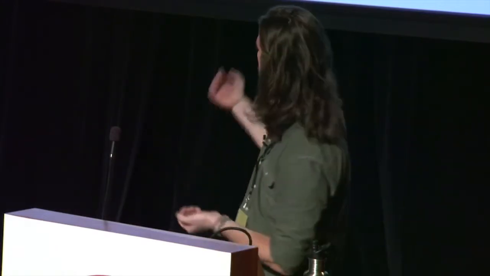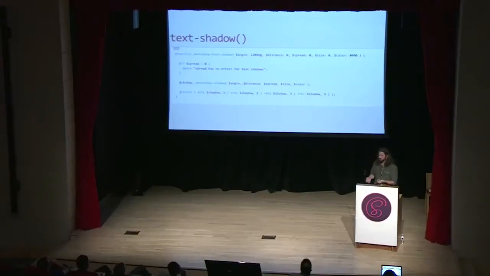So we take all the values from Photoshop, and then we get that value. Instead of returning the whole thing, because if we return the spread value, our text shadow would be wrong, since it would be using the wrong values for each section, we take nth and break it up.